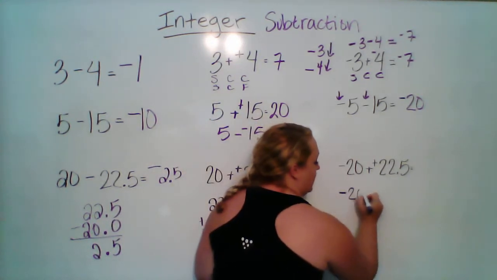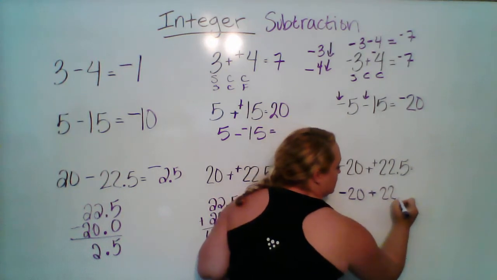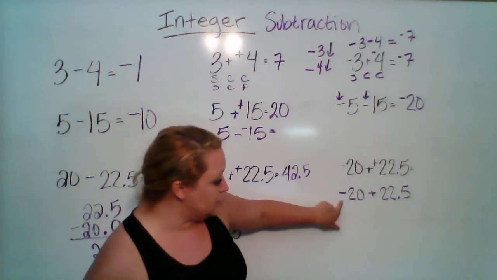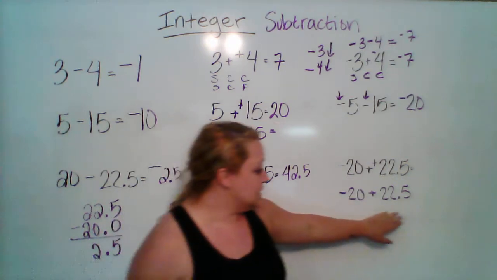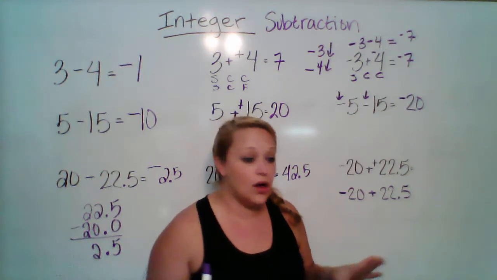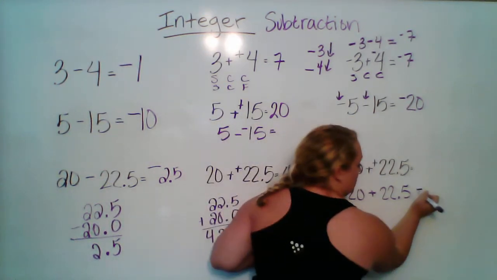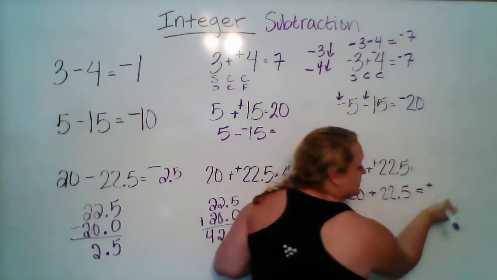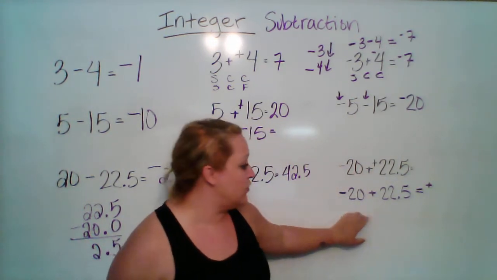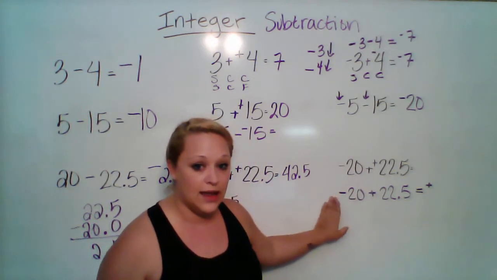You have a -20 plus a 22.5. So I have, this one is 20 negative. This is 22.5. This is the bigger number. So I'll automatically know that my answer will be a positive. So I know it'll be a positive, okay? Because 22.5 is a bigger number than 20. Therefore, this positive would be bigger than the negative.